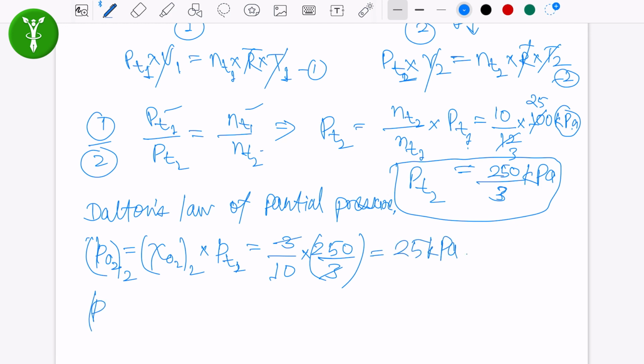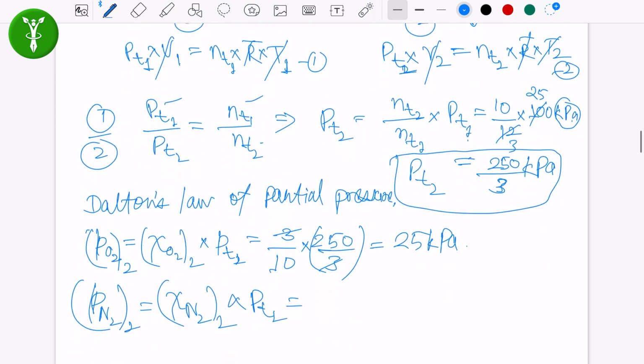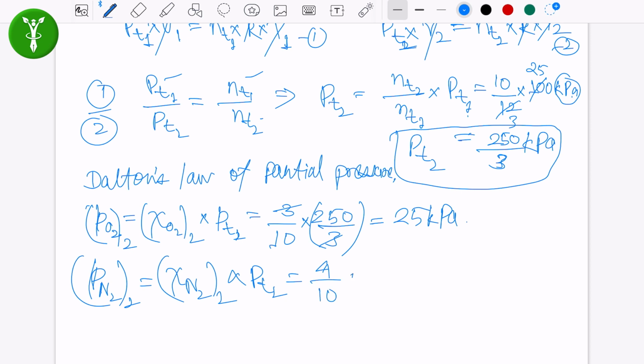If we want to find the partial pressure of nitrogen, it is the mole fraction of nitrogen times PT2. What is the mole fraction? 4 divided by 10, times 250 by 3. So 100 by 3 kilopascal.